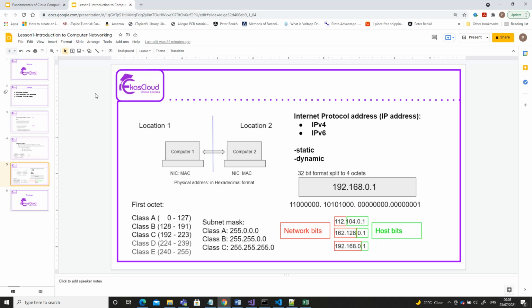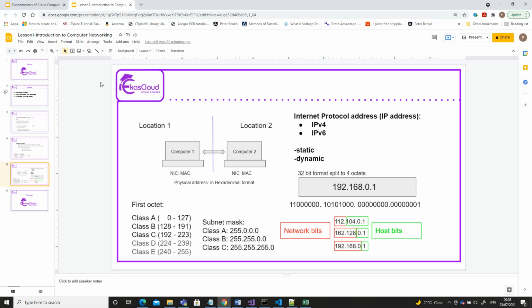So if it is only 8 bits for network bits, then class A is going to have a subnet mask 255.0.0.0. If it's going to be 16 bits, then the first two numbers are going to be 255.255.0.0 for the subnet mask.